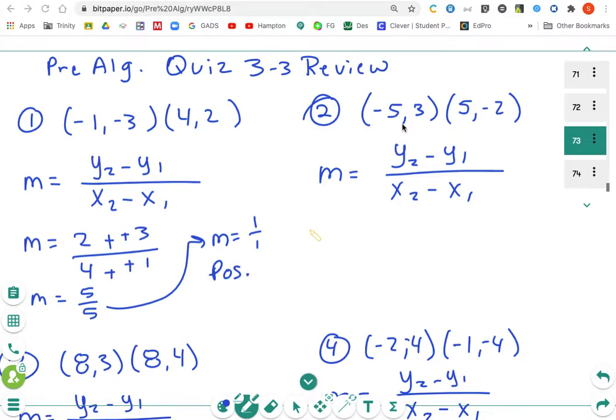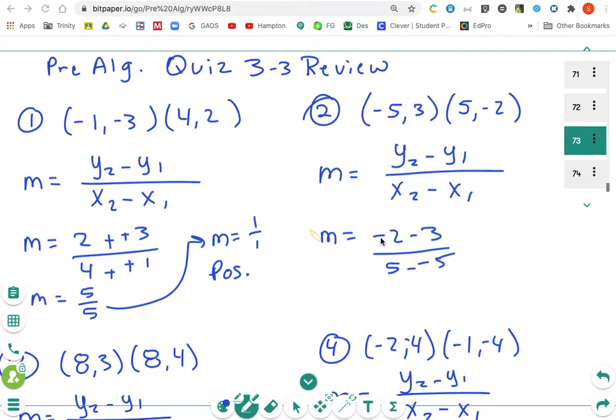Number 2, we took the two ordered pairs off of the graph, (-5, 3) and (5, -2). M equals y2 minus y1 over x2 minus x1. Substitution step, m equals -2 minus 3 over 5 minus -5.